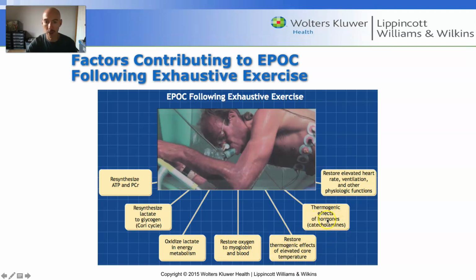The fact that you might have these hormones, like the stress hormones that increase in concentration during exercise, they're going to stay elevated in your body for a little bit post-exercise. That's also going to influence your metabolism to stay elevated, your breathing to stay elevated, etc. Okay, so, and again, intensity, the higher the intensity of the activity, the larger the magnitude of these things are, so the longer the recovery period will be, okay?